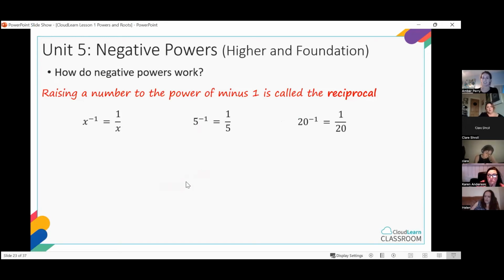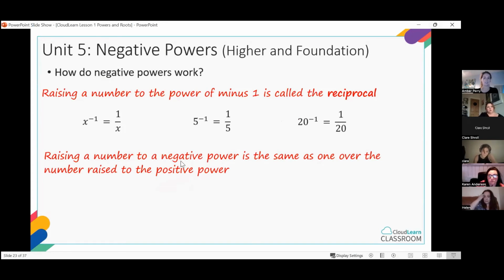If we're looking at another negative power, not -1 but minus something else, for example x to the power of -m, then it's the same as 1 over x to the power of m. So it's 1 over the number raised to the positive power. Very easy to forget this, and it's a very important rule.